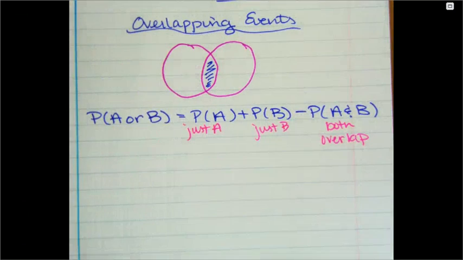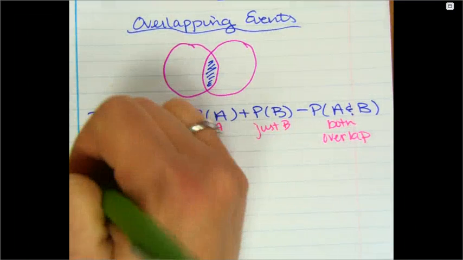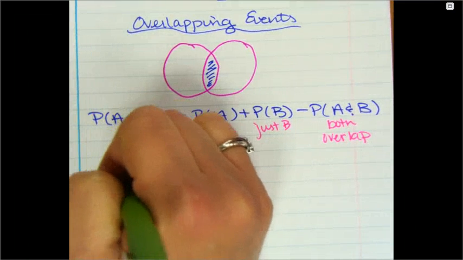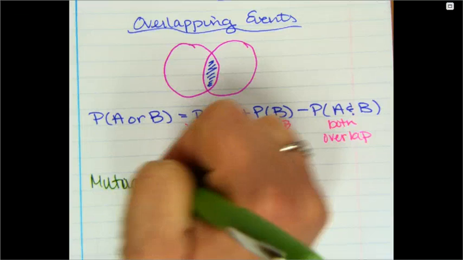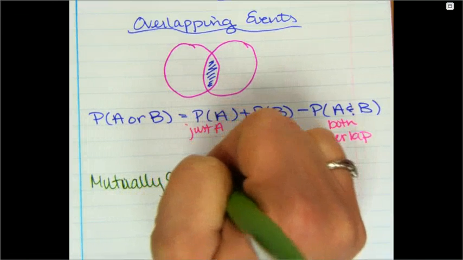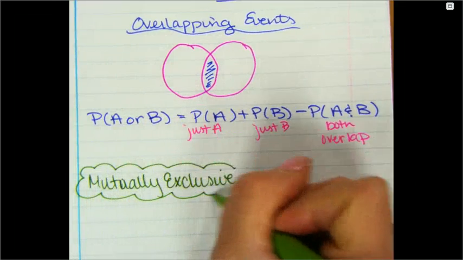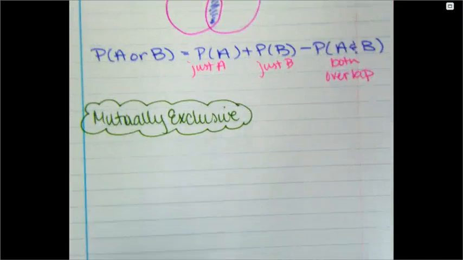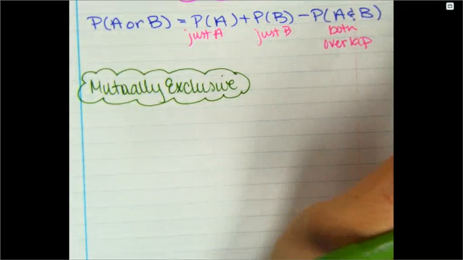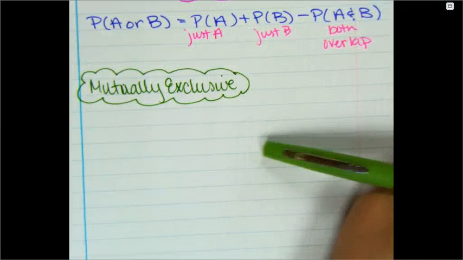Now there's another word we need to know, and it's called mutually exclusive. What does exclusive mean? Important. How important? Small, useful, not a lot. What do you mean to be exclusive?